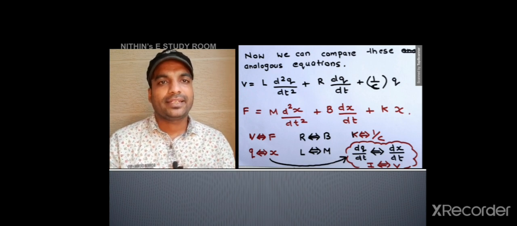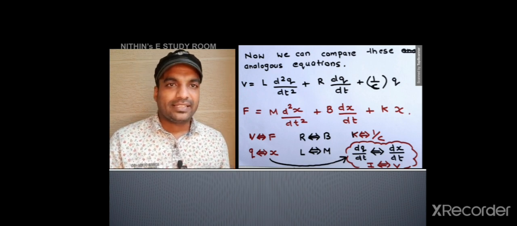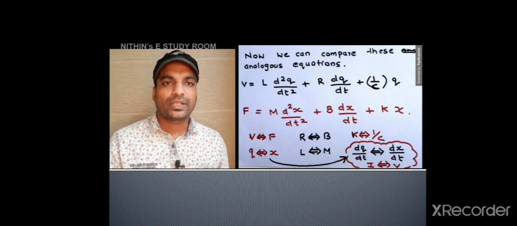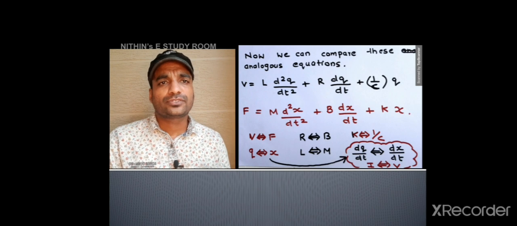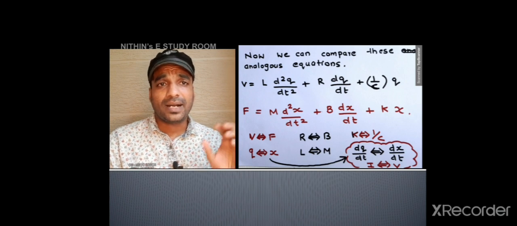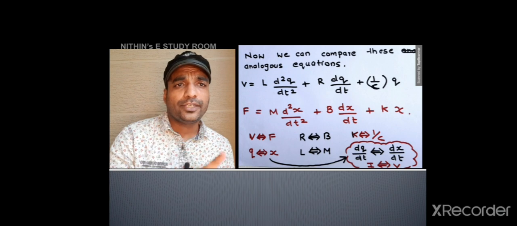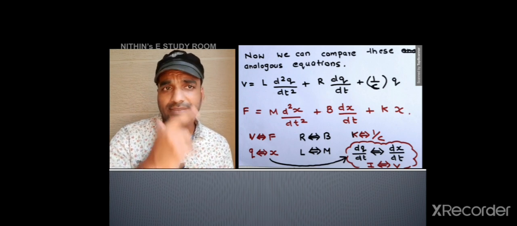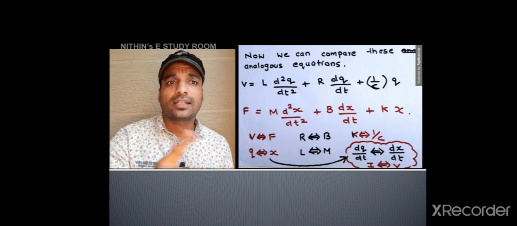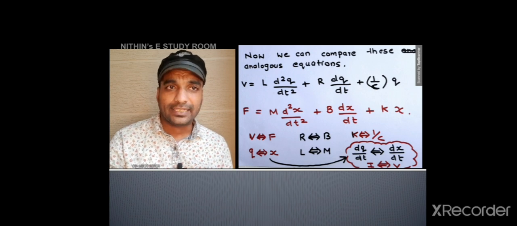So I am marking the analogous terms. On the left hand side, I can simply say voltage is analogous to force. And the coefficient of the d square q term is nothing but L and M. These two are identical, that is mass is analogous to inductance L. And the coefficient of the dq by dt term is nothing but R and B. So R and B are also analogous.